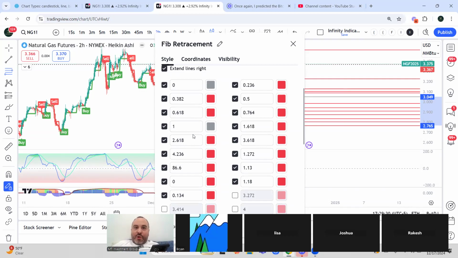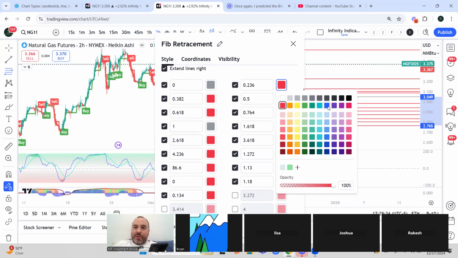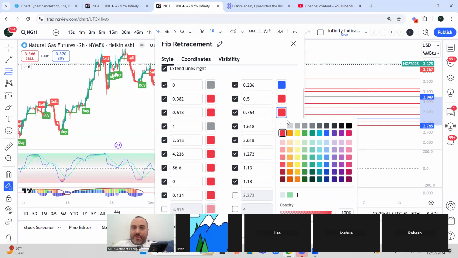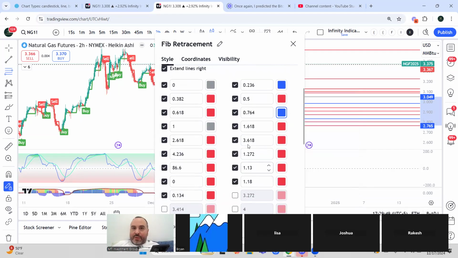Next, your 23.6 is going to be blue. Your 76.4, or 0.764, is going to be blue. Your 127 is going to be, where is it?